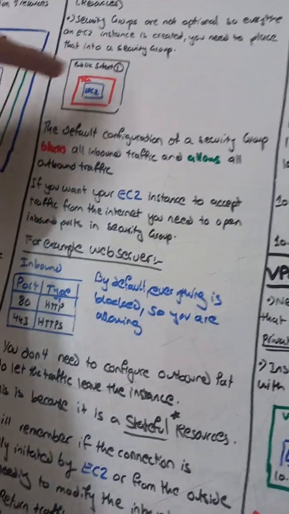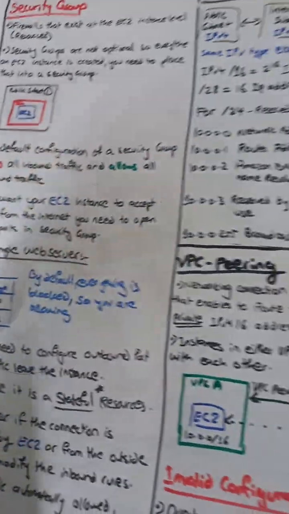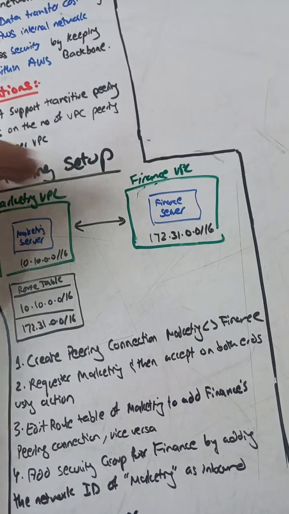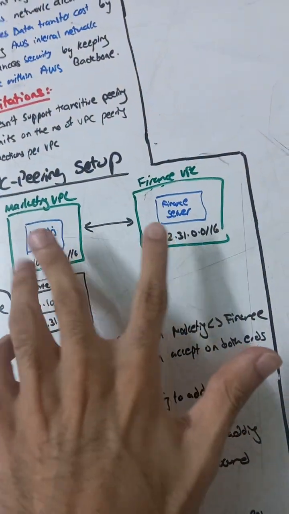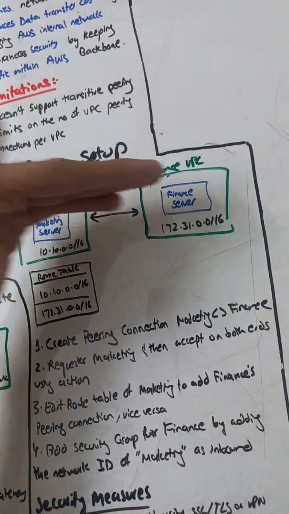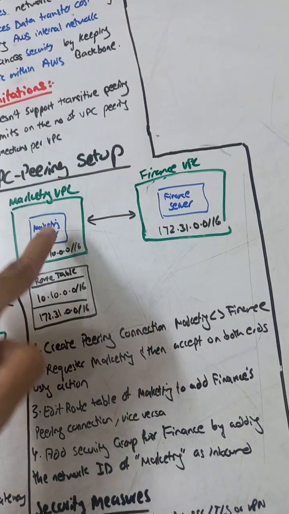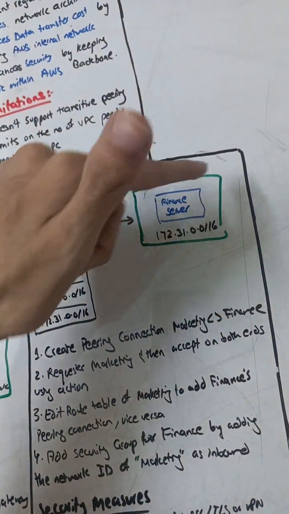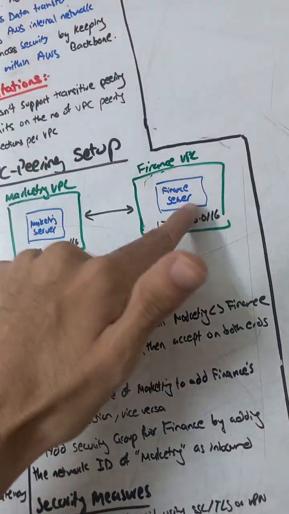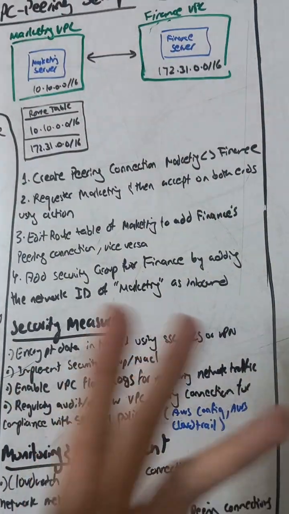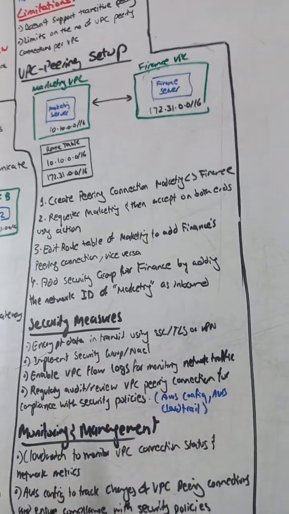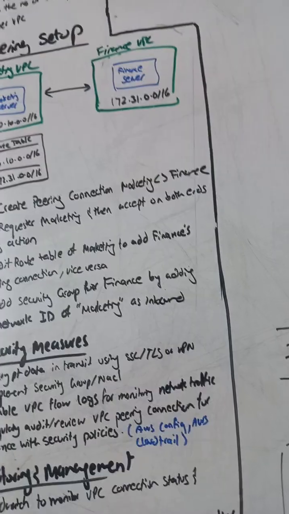So in order for the marketing VPC to enter this EC2, because in this case it is considered an outside source, right? Maybe these two VPCs could be in different regions. To allow the networking to occur from the marketing to the instances in this finance server, you need to have a security group inbound rule for it, and you don't need to configure the outbound rule. Why? Because security groups are stateful resources.